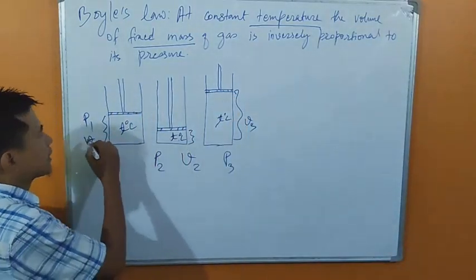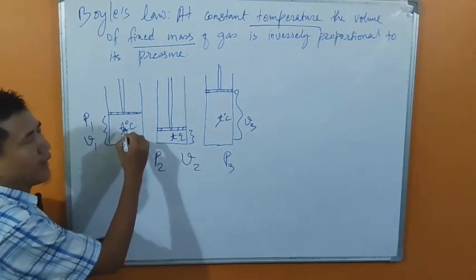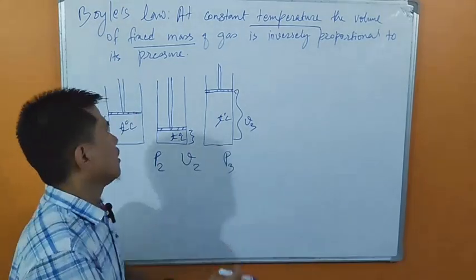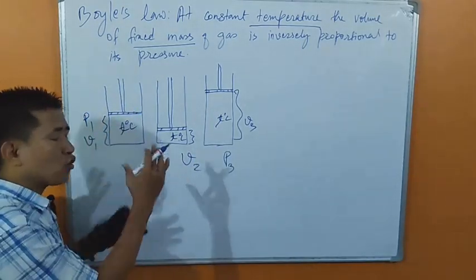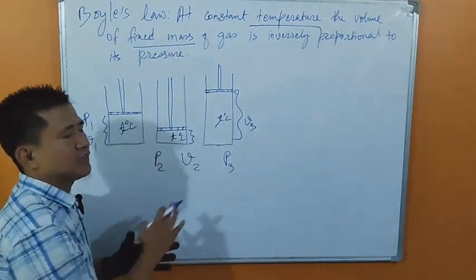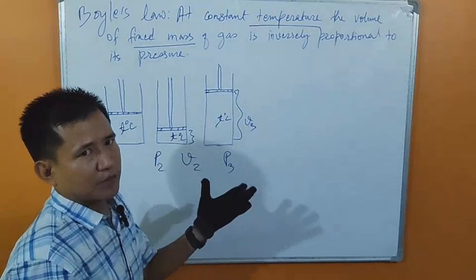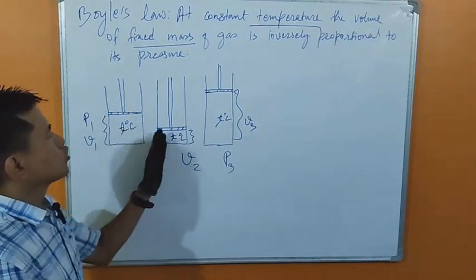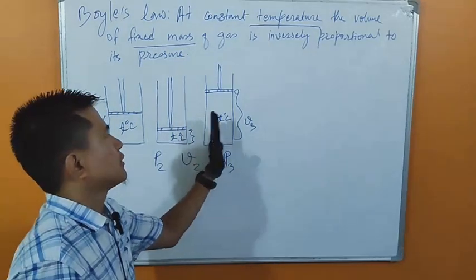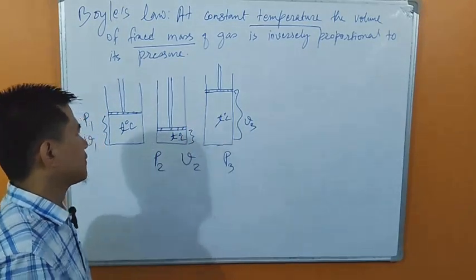So, no extra heat energy should be allowed to enter the cylinder so that the temperature of the gas may rise, or no heat from the gas should leave the cylinder so that the temperature of the gas may fall. Temperature should remain constant throughout the experiment and mass of the gas should remain the same throughout the experiment.